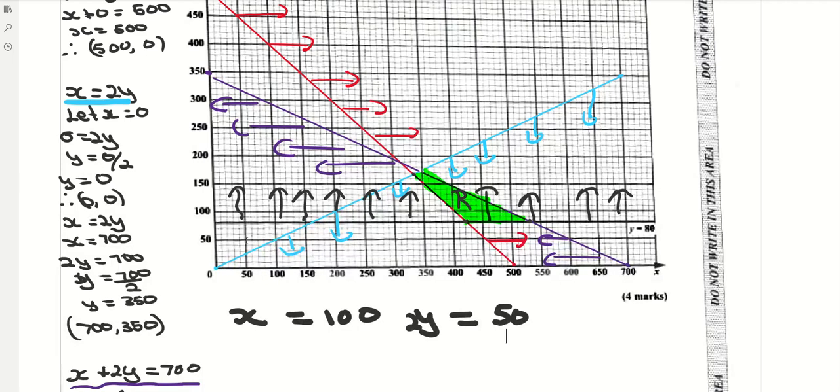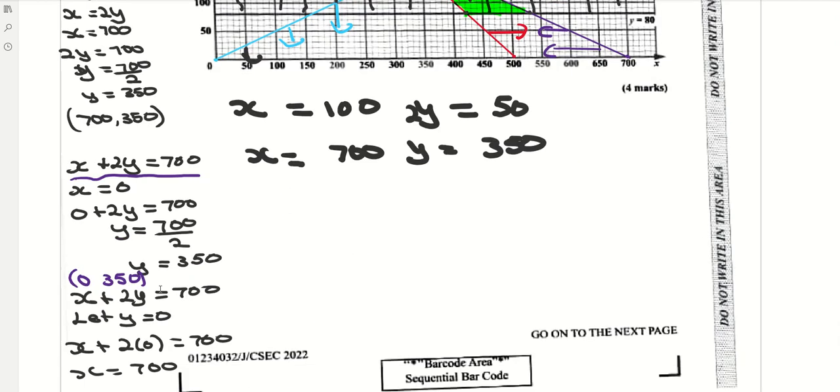Where is y equal to 50? Not above in this area. It would be below in this area here. So you do the same thing. You're going to choose x equal to 700. Then y equals 350, which is what we found already. That is not above our blue line, it is below our blue line. So we're looking at the values below here.